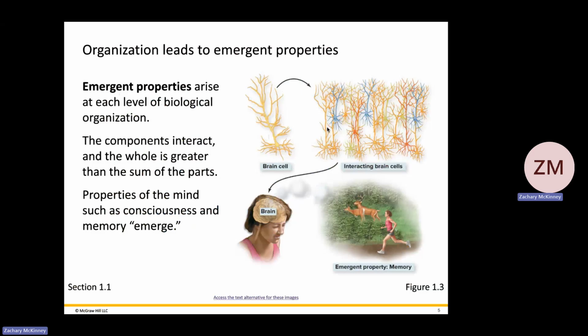But once you have trillions of brain cells interacting with each other, it gives rise to consciousness. You get these complex interactions that create our personalities, our ability to think and predict and reflect, all of those different things. And so we get these more complex functions. The whole is greater than the sum of its parts.